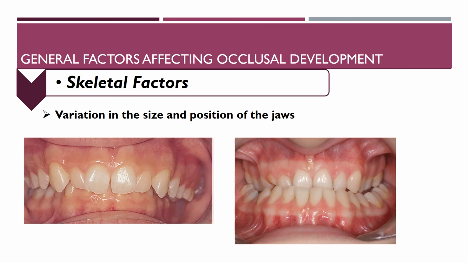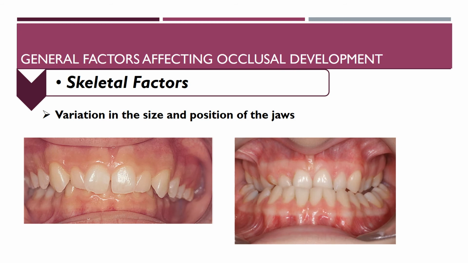In the lateral plane, intraorally, if the jaws match in size, then the occlusion of the buccal teeth in transverse relation is correct, but if one jaw is wider than the other, it may result in a buccal crossbite when the lower jaw is wider, or a scissor bite when the upper jaw is wider.